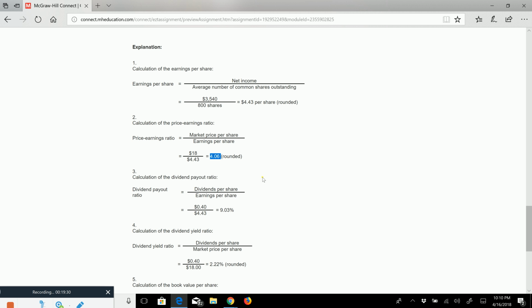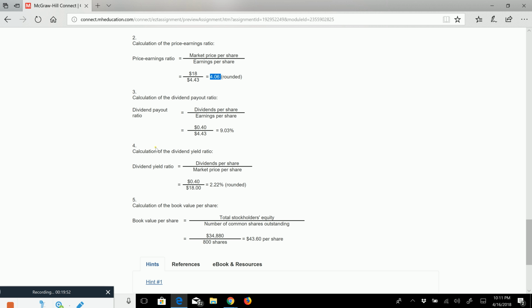As you hold the stock, you want to see your PE ratio start to inch up a little bit, but if it goes up a little too much, then the stock may be ready to be sold because it's a little bit too expensive. Once again, Wall Street analysts utilize this all the time.